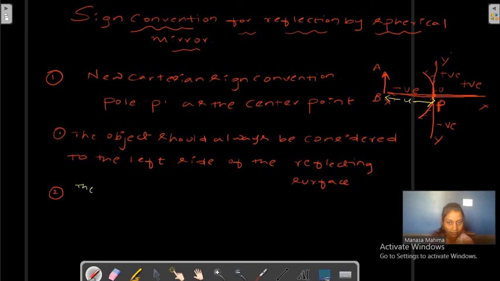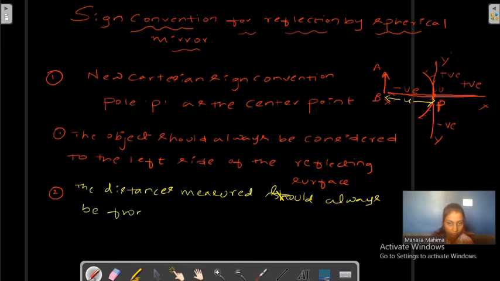The distances measured should always be from the pole. Whatever distance we measure should be measured from the pole.